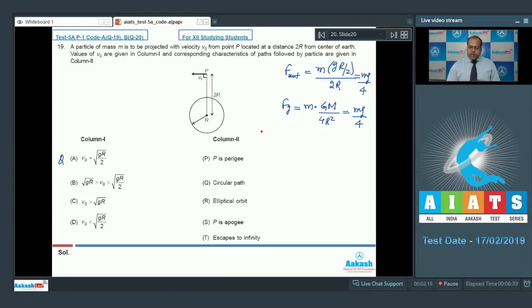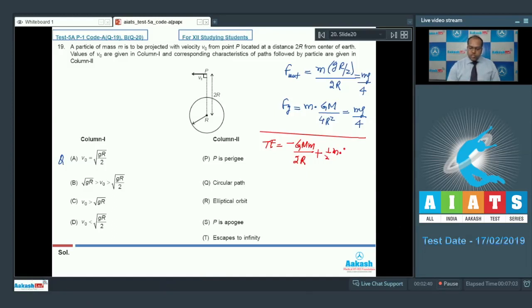So in this case, if I calculate the total energy, then total energy is gravitational potential energy, that is minus G capital M small m by 2r plus kinetic energy. So I am calculating kinetic energy when V0 is equal to under root GR. So that is equal to half into M into V0 square.